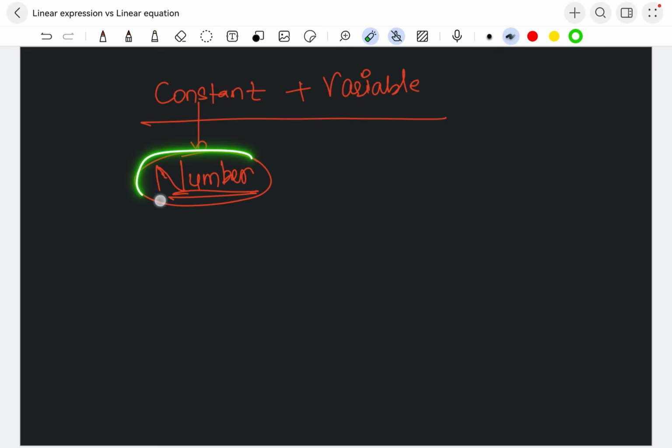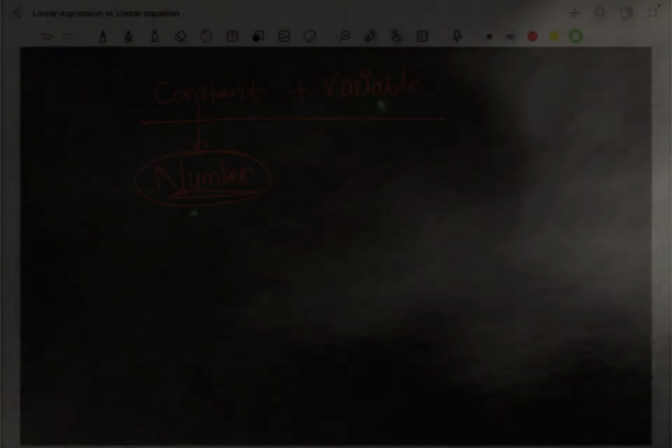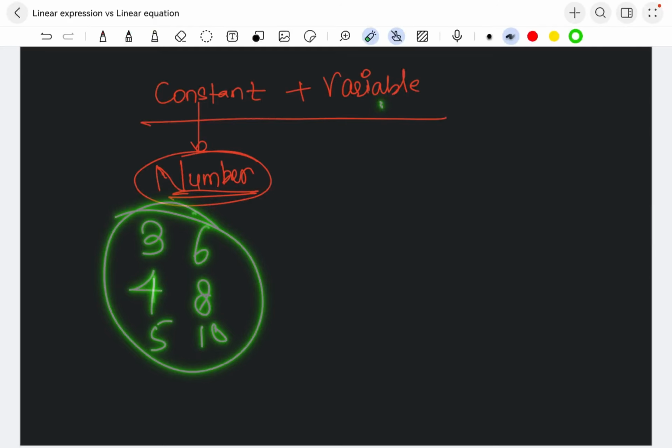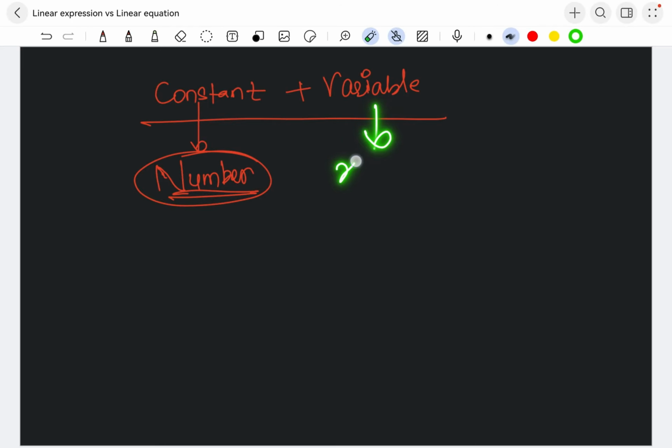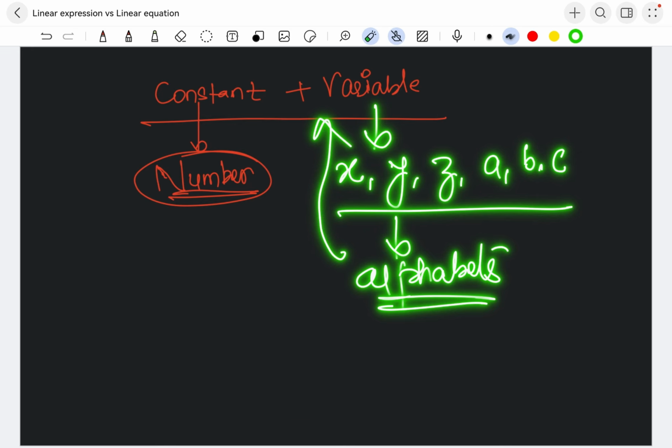Whenever you have to mark it, we will use the laser. Any number is a constant, like 3, 4, 5, 6, 8, 10. Now what is a variable? Any x, y, z, a, b, c used as alphabets in an expression will be a variable.